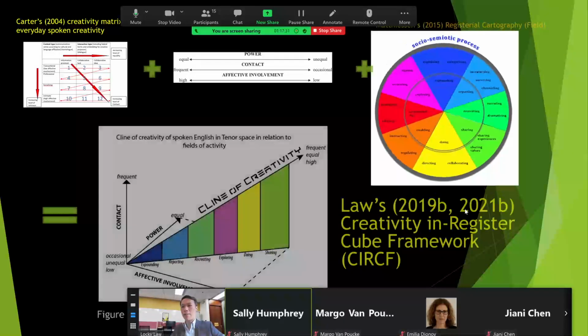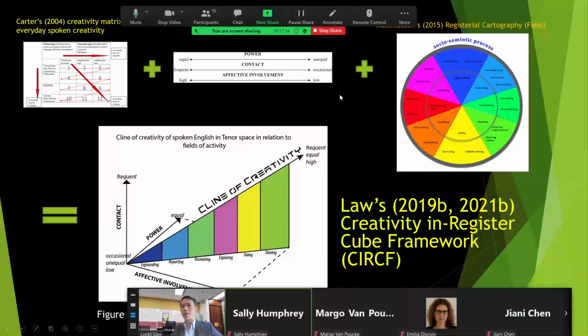If I have enough data and I can analyze each of the instances of creativity, I can combine all that into a three-dimensional model.